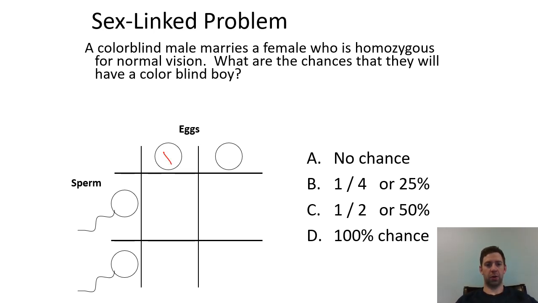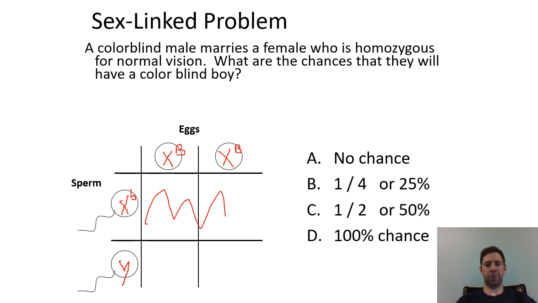Okay, so we have a female with normal vision. So here's her two possibilities found in her gametes. We have a male who is colorblind, so he has the recessive allele. What are the chances that they have a colorblind boy?